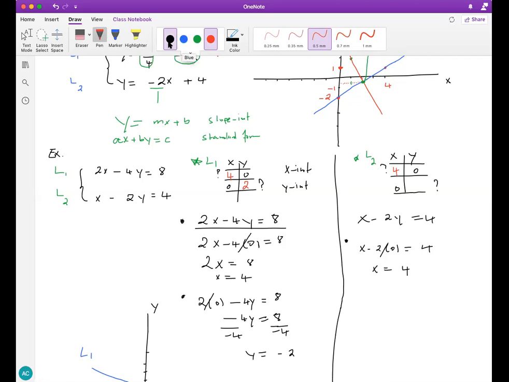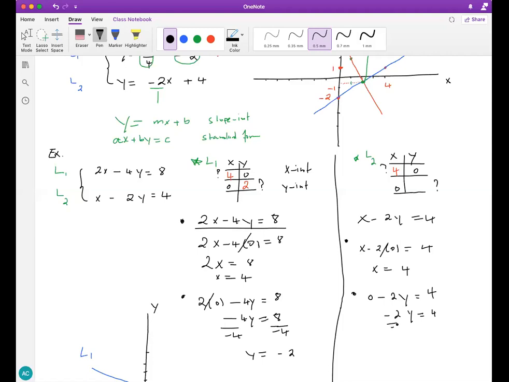Then we're going to do the same thing. This time we know x, so we're going to put the x here, and we're going to find the y. We don't know the y yet. We're going to find it. So it'll be 0 minus 2y equals 4, it means negative 2y equals 4.